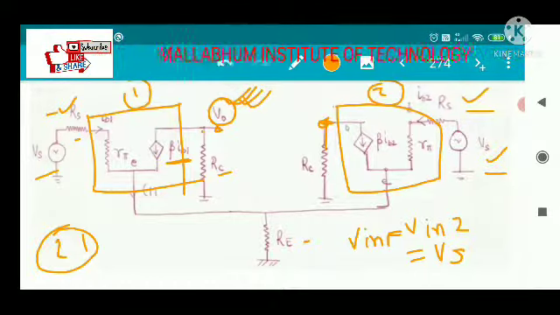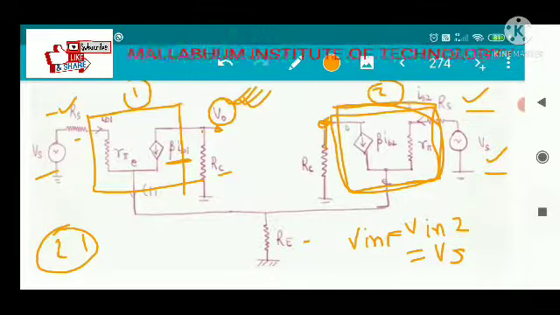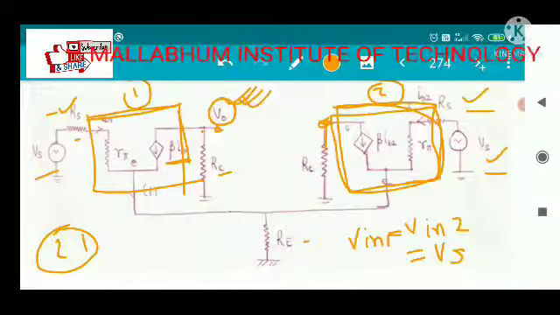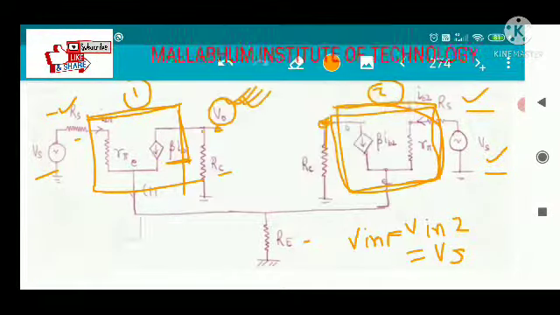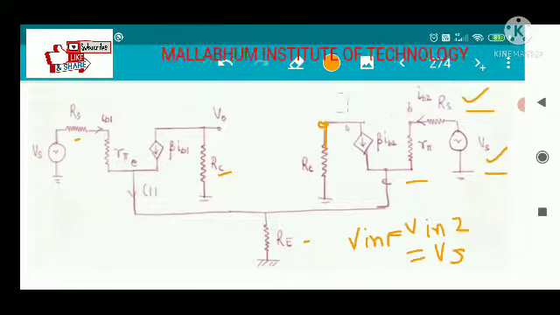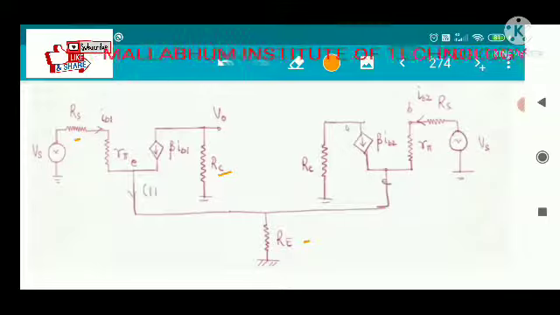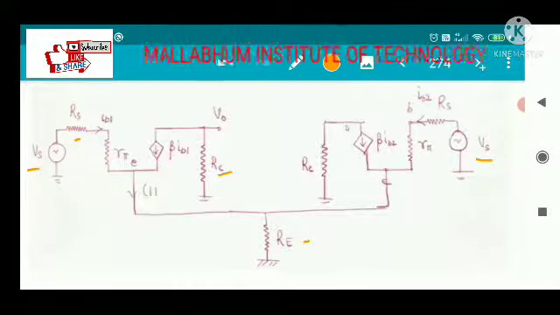You can see in your book that this is the equivalent circuit diagram of the transistor. Otherwise everything is the same as the circuit. Also, in place of Vin1 and Vin2, we just consider Vs and Vs, because we want to calculate the common mode gain.